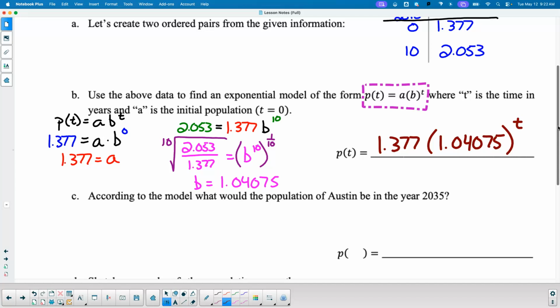What is my t value in 2035? 25? Yep. So we need to find P of 25.